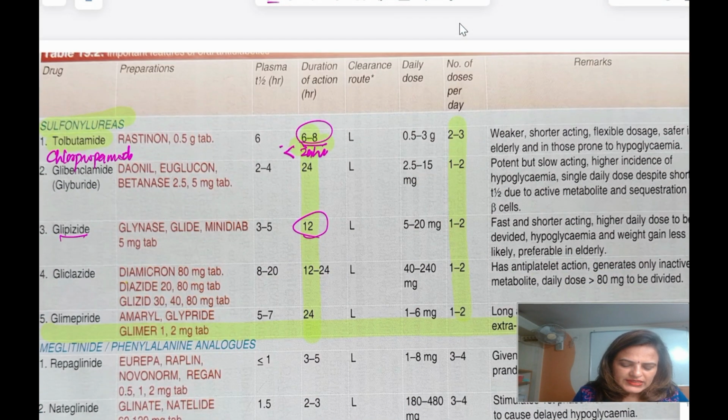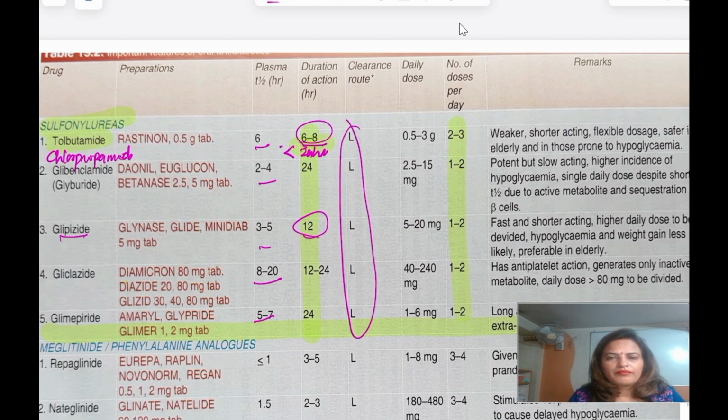Another thing you can see is the plasma half-life. All of them are metabolized in the liver, plus there are various little differences you can see here.